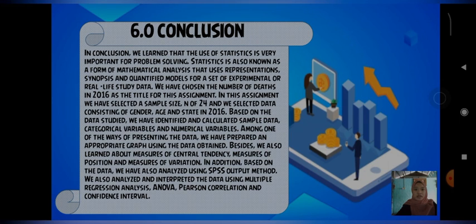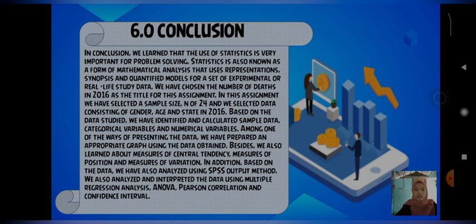In this assignment, we have selected a sample size N of 24 and we selected data consisting of gender, age, and state in 2016. Based on the data study, we have identified and calculated sample data, categorical variables, and numerical variables.